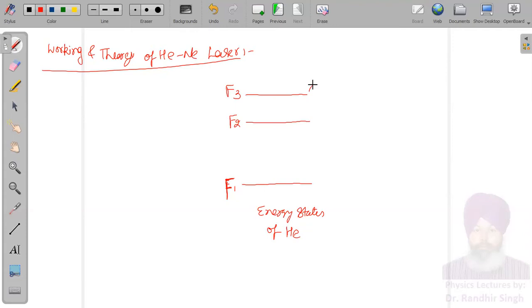What is more important to remember is that this state is by default long lived. Similarly, this state is by default long lived.